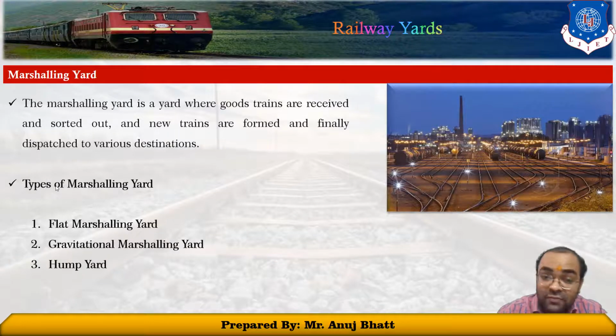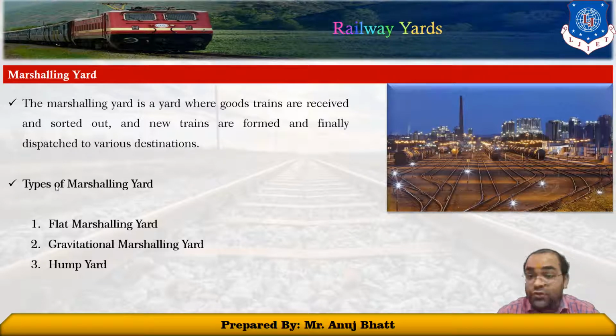The time required is also more, as the engine has to traverse the same distance twice: first to carry the wagons to the place where they are to be sorted, and then again to return idle to the yard.